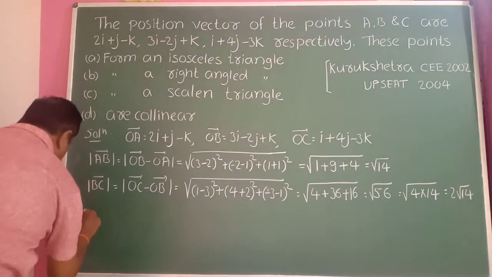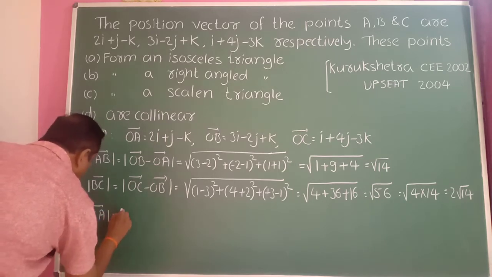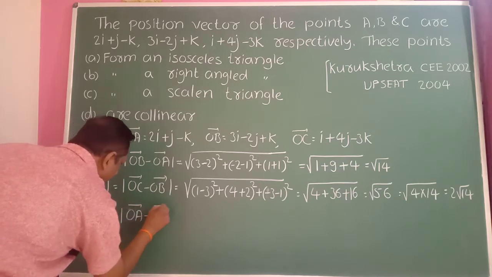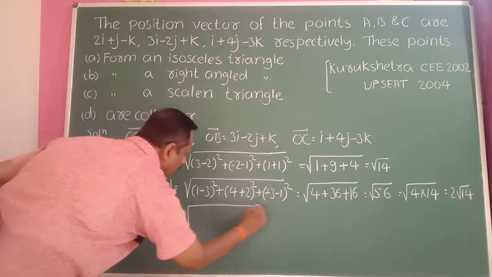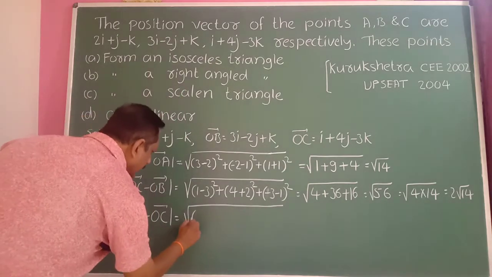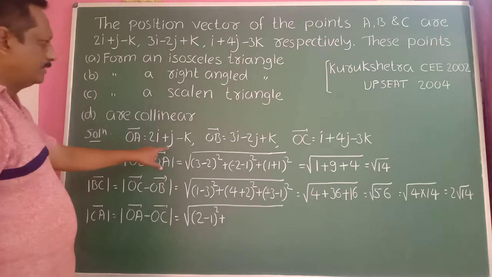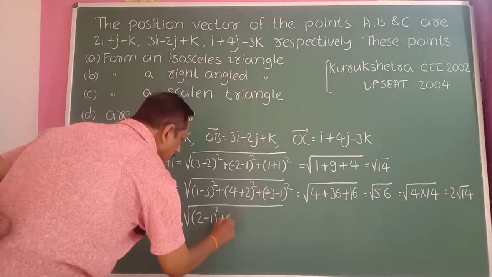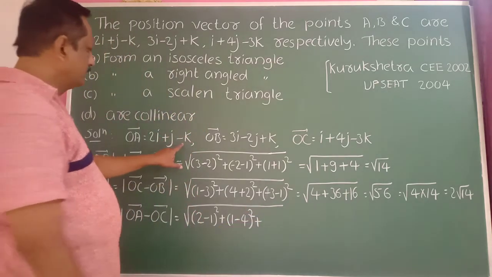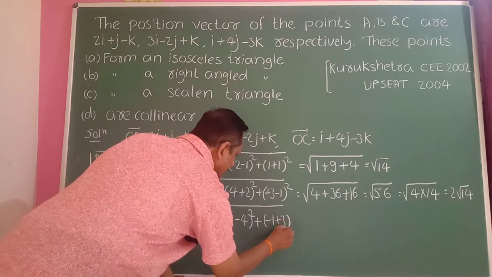Next, the modulus of CA. That is OA minus vector OC, equal to root of (2 − 1) squared plus (1 − 4) squared plus (−1 + 3) squared.